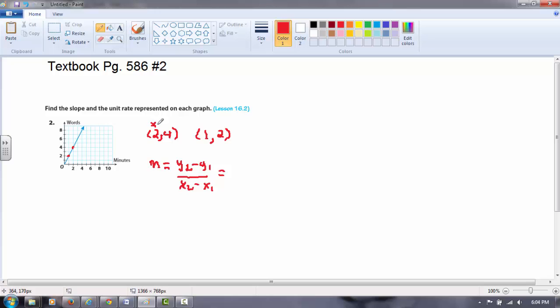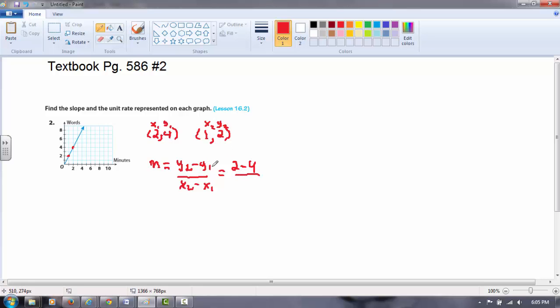Write this down as x and y, x and y. And I'm just going to label this first one as our first ordered pair, and this one over here is our second ordered pair. And then I'm just going to replace each of these into the formula. So y2 is 2 minus y1, which is 4. So I'm just substituting in.